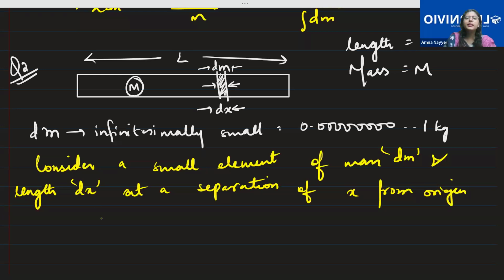See, when you have a rod, you have to choose a very, very small element so that you can integrate it from its limits. Whatever values you have chosen, you can put them in the formula.